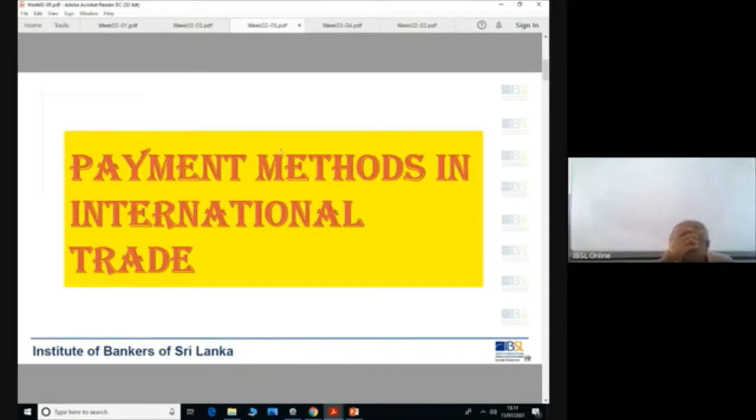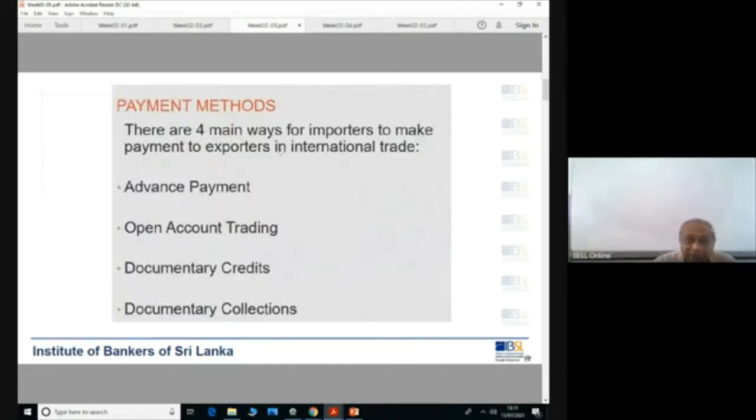Last week I told you the most important thing in international trade is the payment methods. Most of our operations revolve around these payment methods. So today we'll discuss the various payment methods in international trade operations, right?